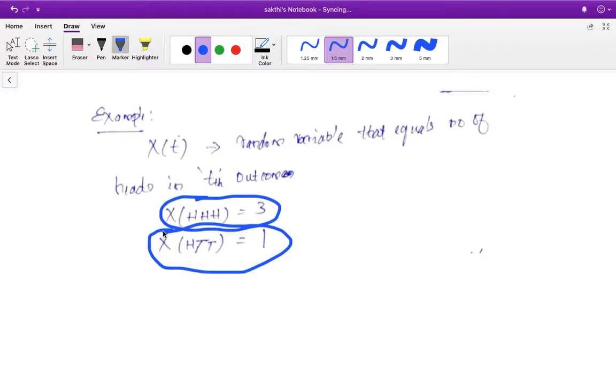That means the random function is going to map that outcome HTT to 1. In general, if t is the outcome, then X of t is the random function that maps that outcome to some real number.